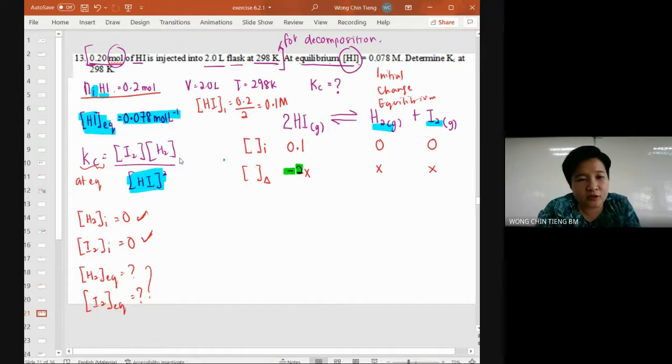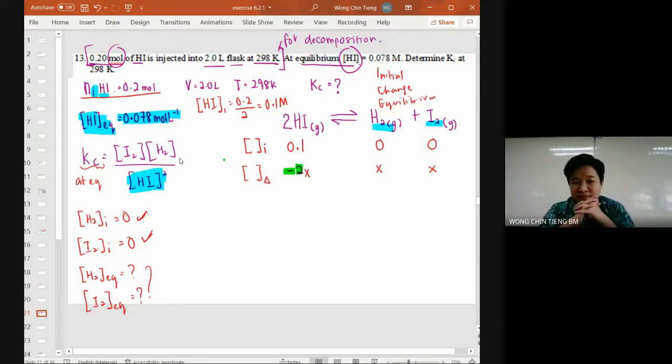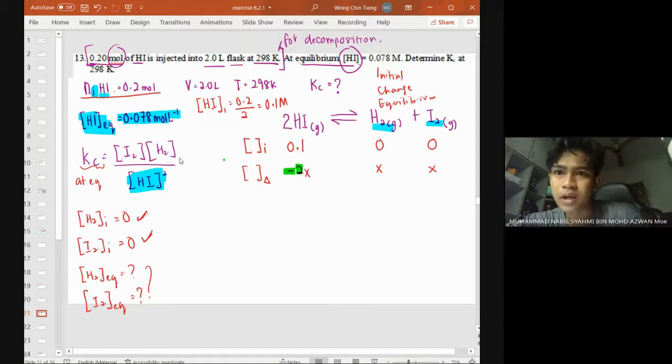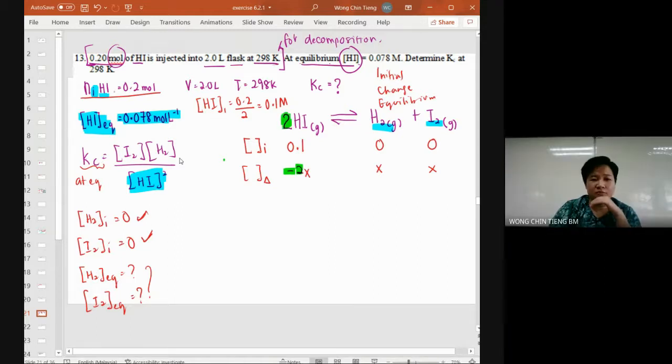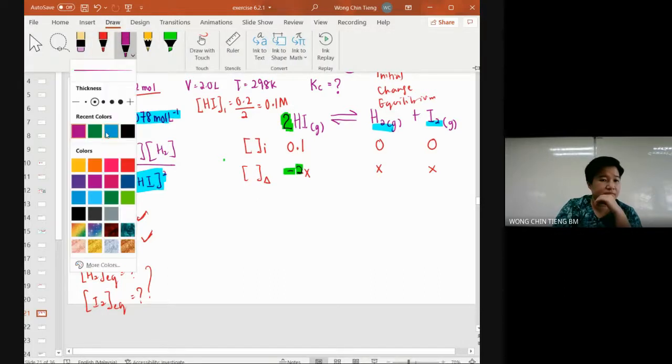Kenapa bukan hanya tolak X atau kenapa bukan hanya X? Kenapa ada 2 dan kenapa ada tolak? Sebab tolak untuk produk. Lepas tu HI ada 2 mol. 2 sebab dia ada 2 mol. Tolak sebab? Produk tu.